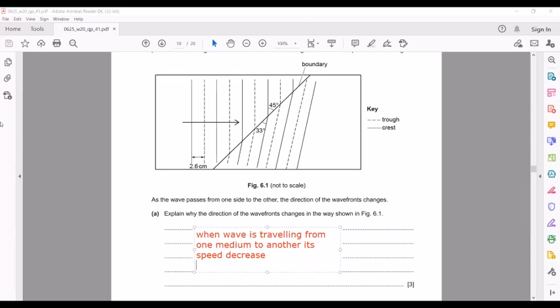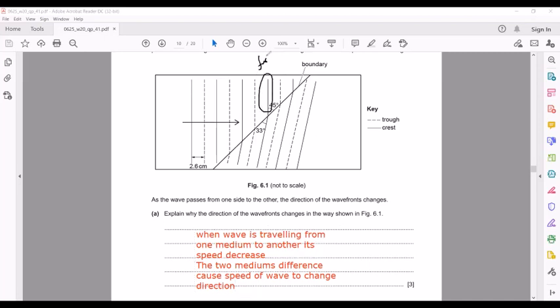In the two mediums, the wave has a different speed. The difference in density causes the speed of the wave to change direction, because here the wave is traveling faster, and this part of the wavefront is in the other region, which is a shallow region.